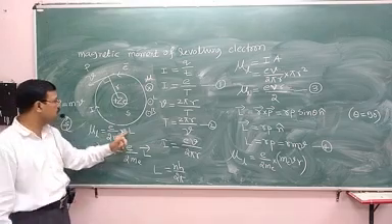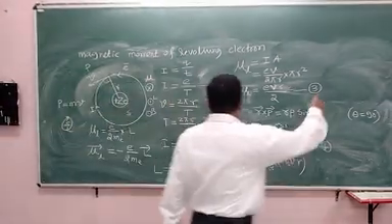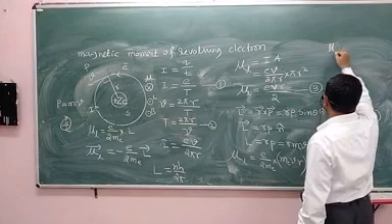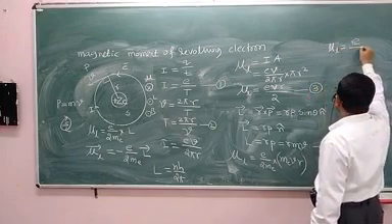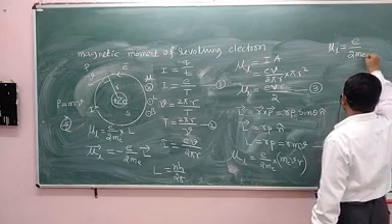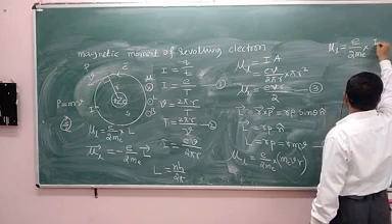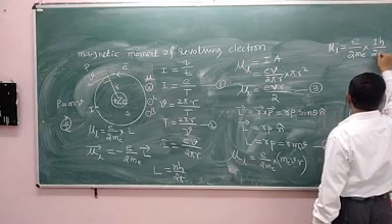What you get is the magnetic moment is equal to e upon 2me into 1h by 2 pi.